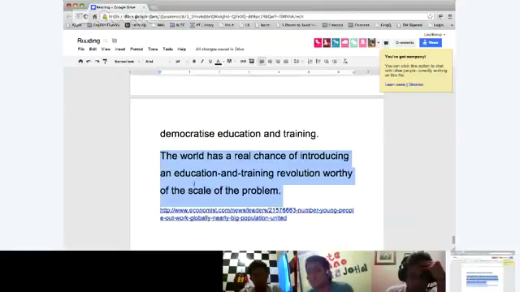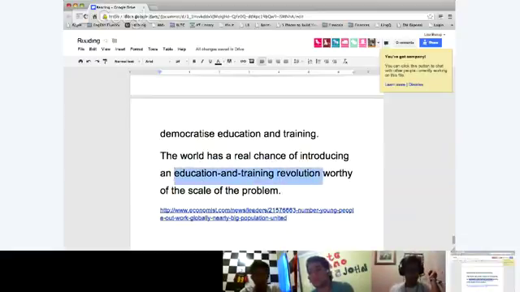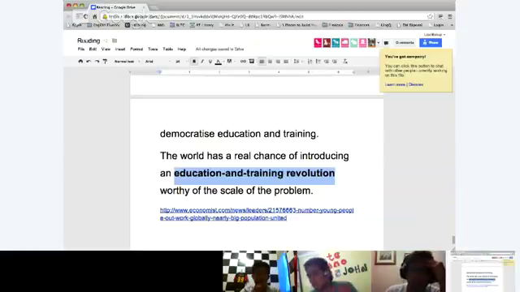Of the problem. So this last little sentence just says that if they can do this, it's going to be like a revolution. If they can start combining an education with actual job training, then that's hopefully going to solve the problem.